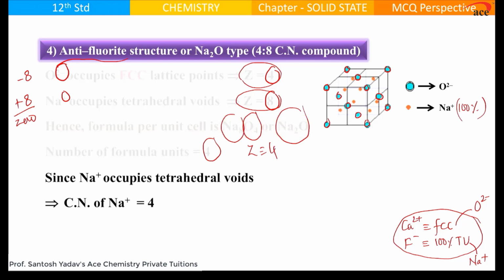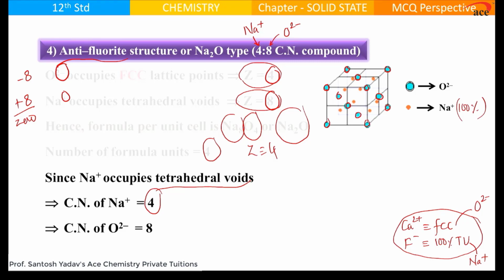So Na plus occupies tetrahedral void. Anyone who is occupying tetrahedral void will have coordination number of 4. So 4 is the coordination number of Na plus. Where is oxide ion present? Oxide ion is present as a sphere. Any sphere is surrounded by 8 tetrahedral voids.